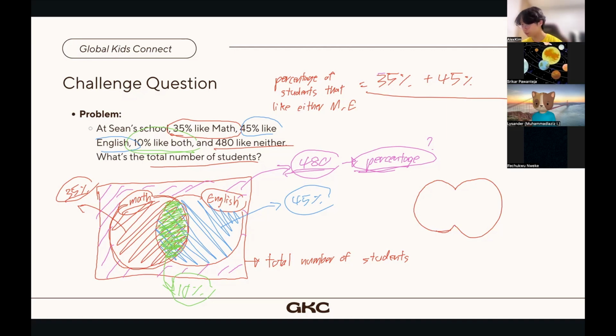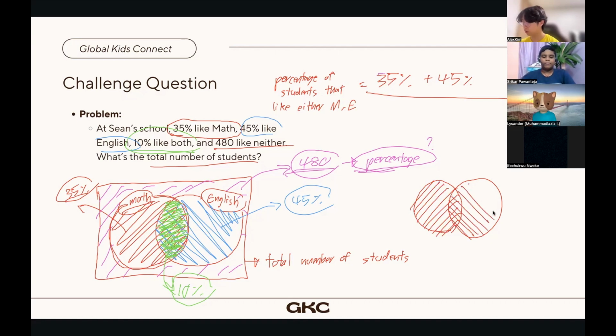And so for this, if we added 35 and 45, then we can say that 35 represented this left circle, and the 45 represented the right circle. But then you can see that the middle part here was added twice, or the area of it is calculated twice, just adding 35 and 45.